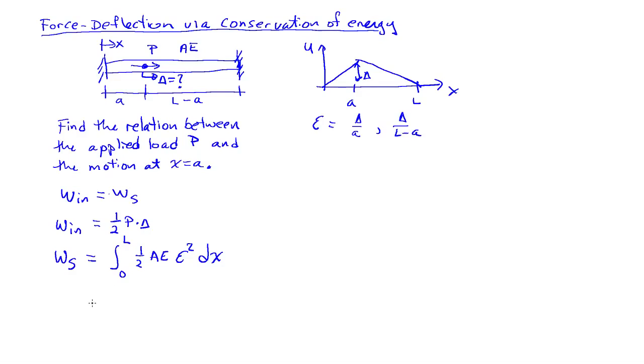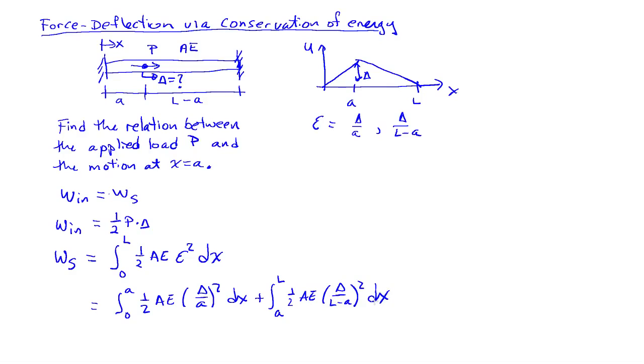So the work stored I can write as an integral 0 to A, 1/2 AE delta over A squared dx plus integral A to L 1/2 AE delta over L minus A squared dx.